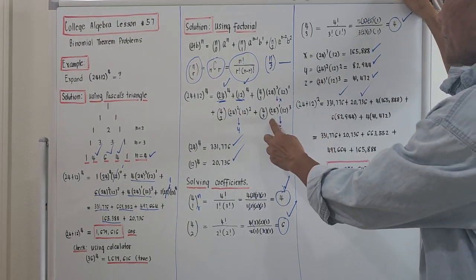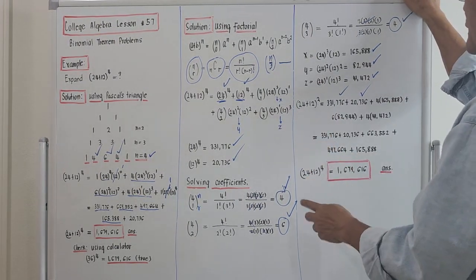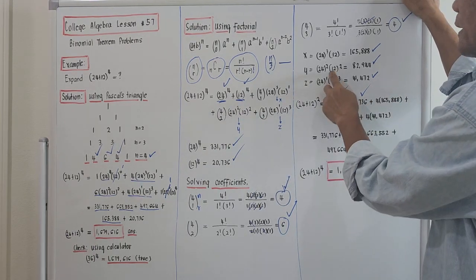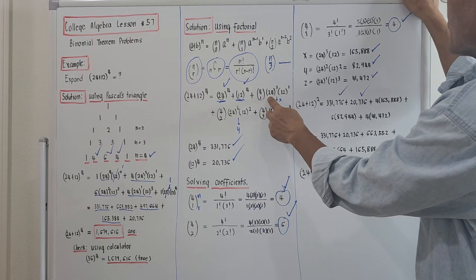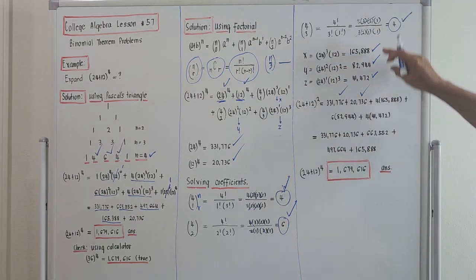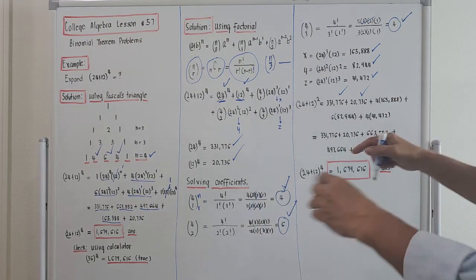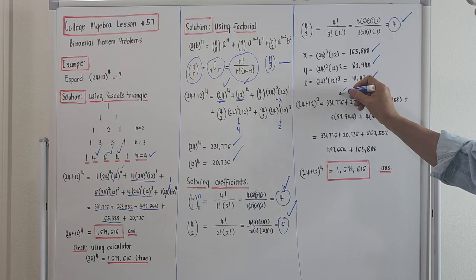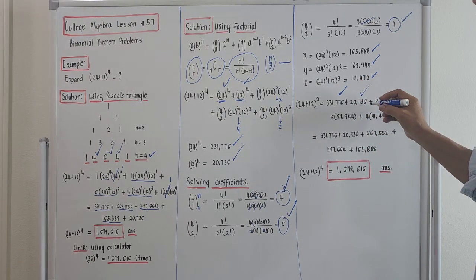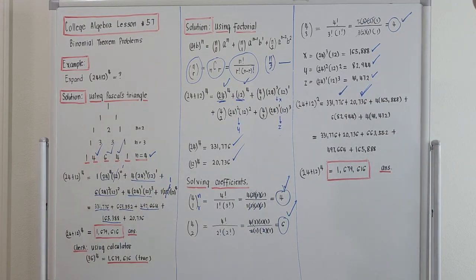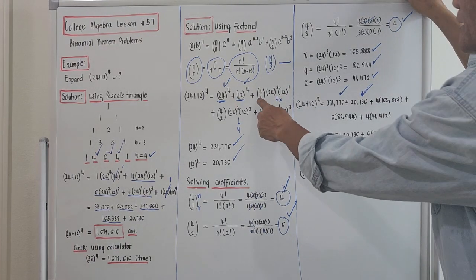Z is actually the product of 24 times 12 cubed. Y is the value of 24 squared and 12 squared. And x is actually 24 cubed times 12. So after computing these separately, it is now just mere substitution back here. So this is the first part. This is actually the last term. We are here now.